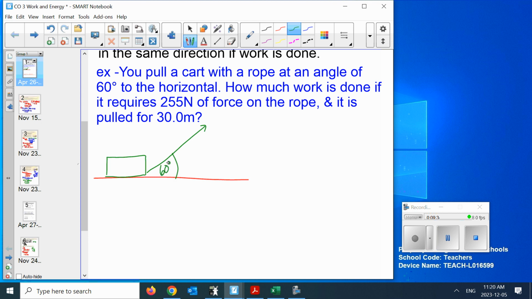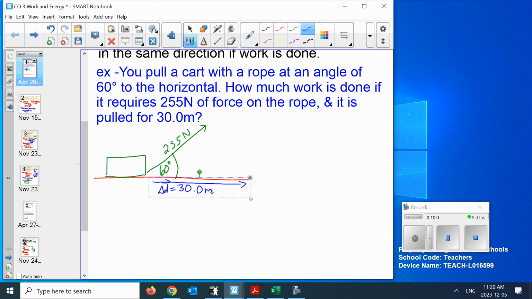I'm pulling it. 255 newtons. But the motion, 30 meters.